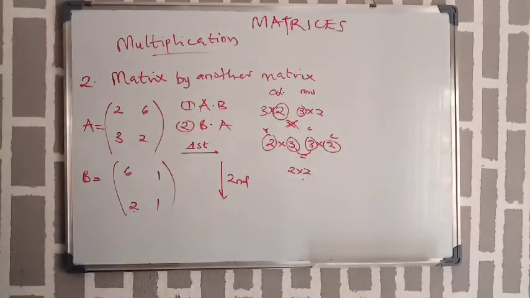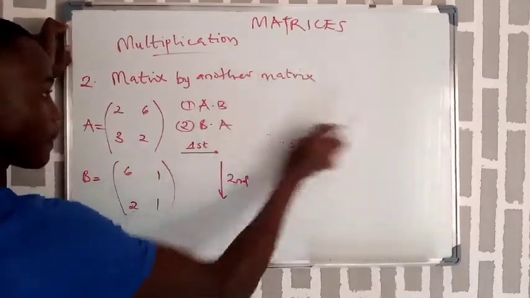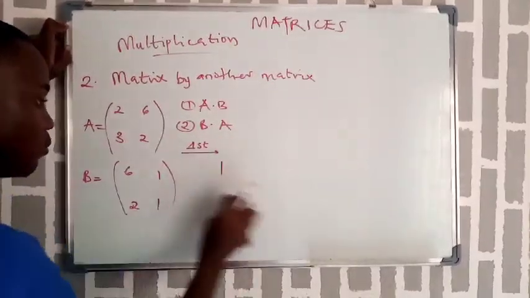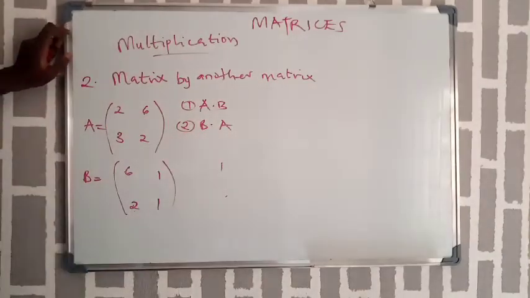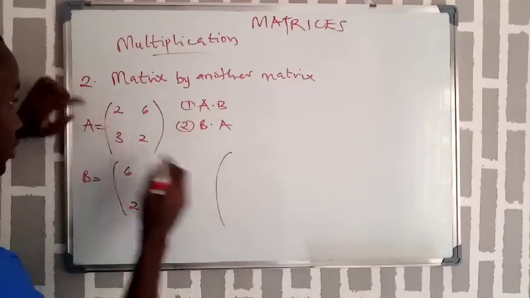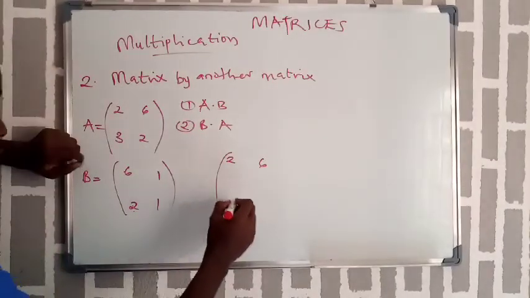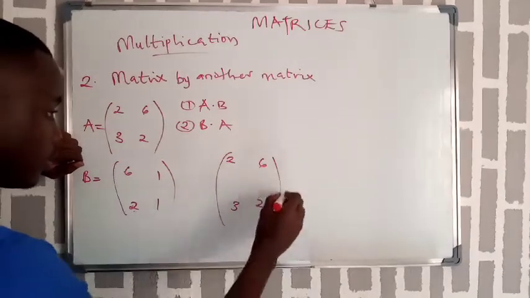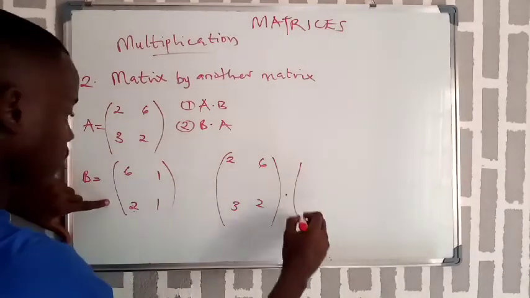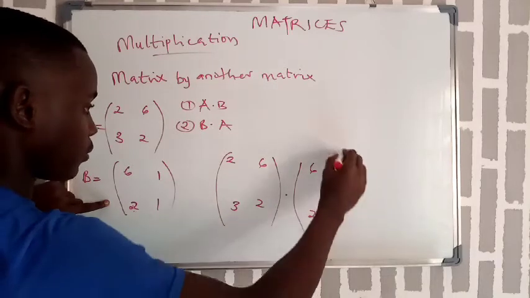So let's look into A dot B. Now matrix A is simply this matrix here, 2, 6, 3, 2, multiplying matrix B, 6, 1, 2, 1.